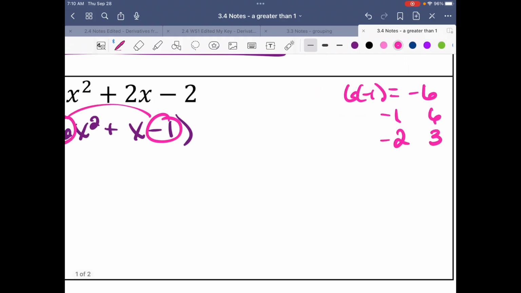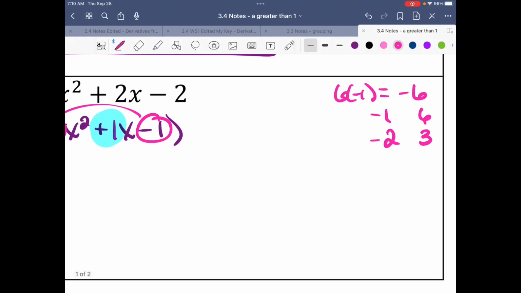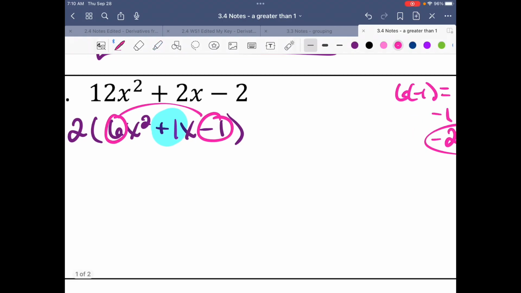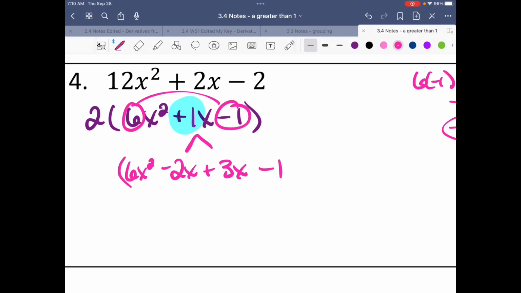Factor pairs, little factor negative. Which factor pair adds together to be +1? That's your -2 and your 3. Bring down your -1 and your 6x squared, ignoring the GCF for just a moment.